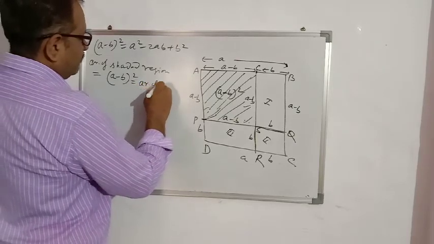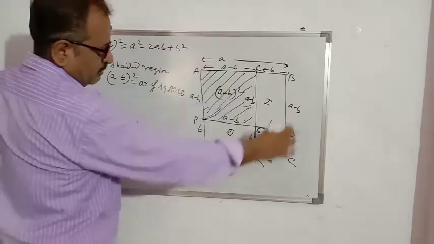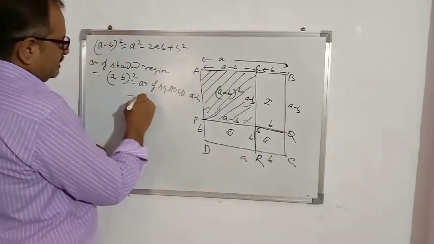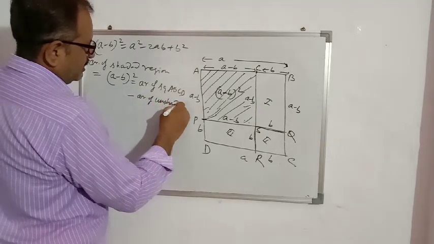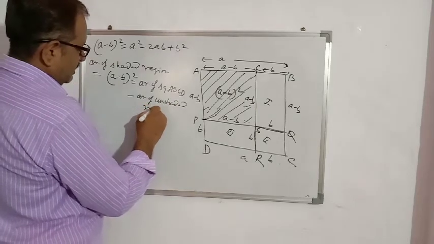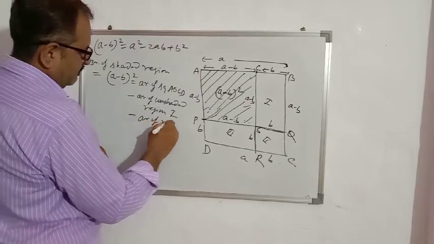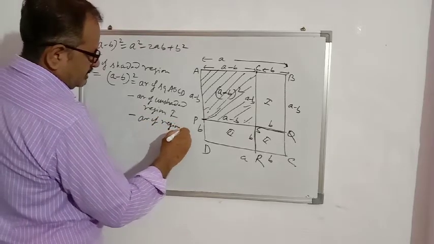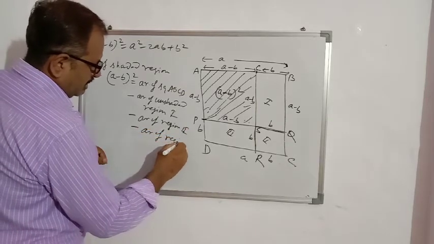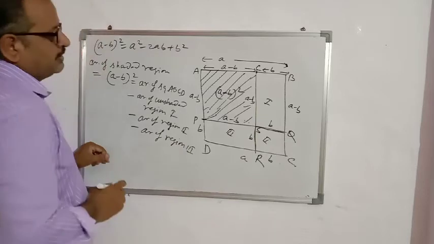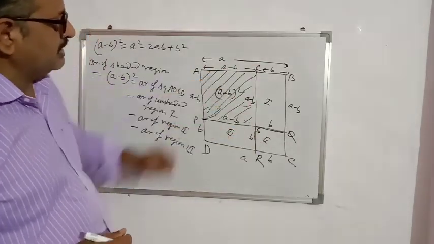So the area of square ABCD, the whole square, minus the area of unshaded region first, minus the area of region second, minus the area of region third. From the whole area we will subtract the unshaded portion, then we will get the shaded region.